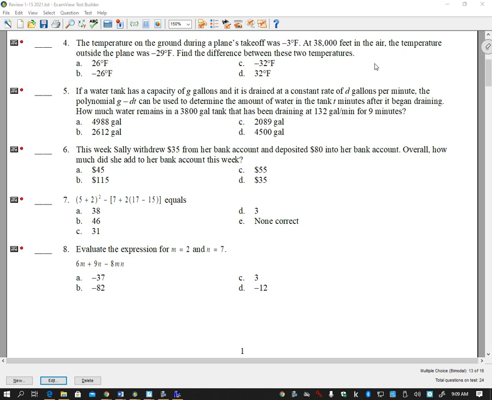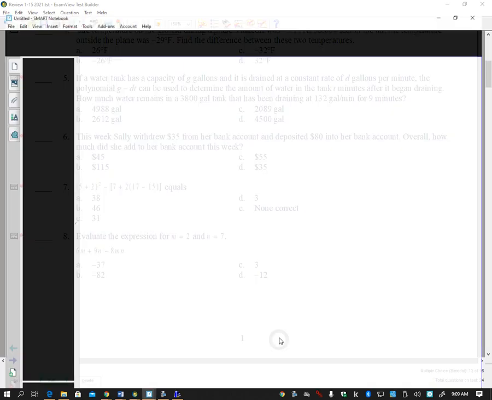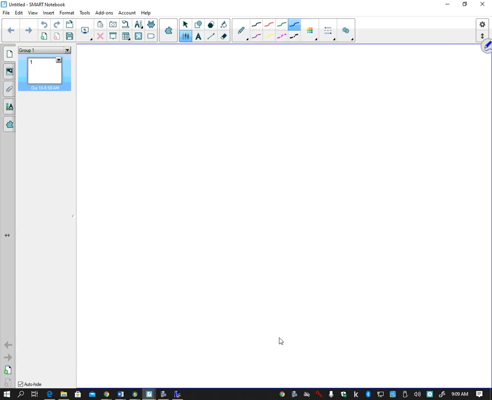Number 7. 5 plus 2 squared minus brackets 7 plus 2 times 17 minus 15 equals. So this is a lot like a question you've seen on your last test, right? Do you guys have this document pulled up? I'm going to ask you to reread it to me. So tell me what it says.